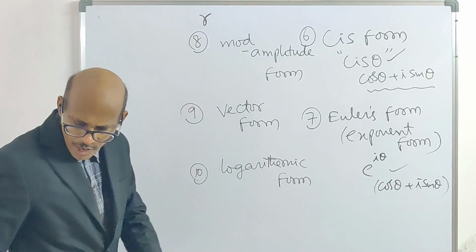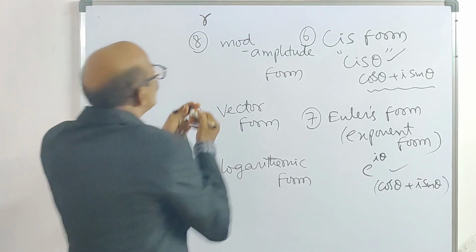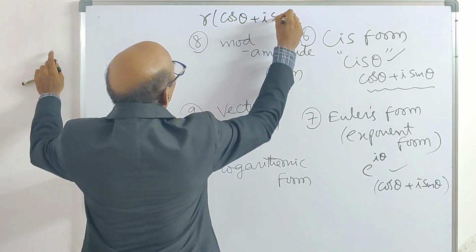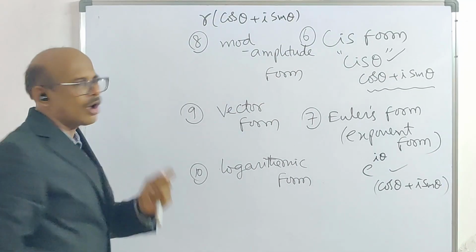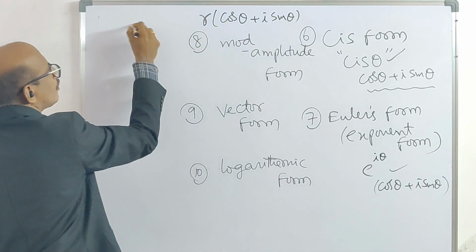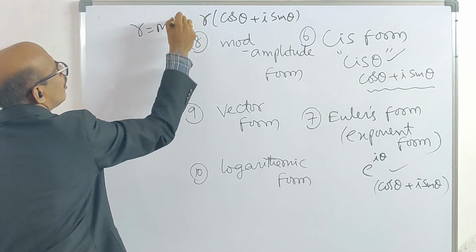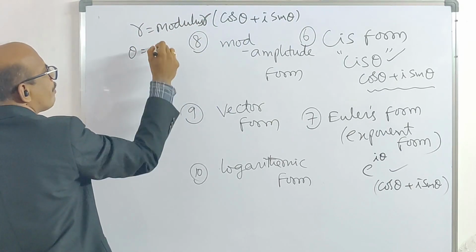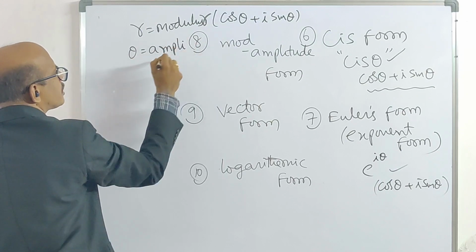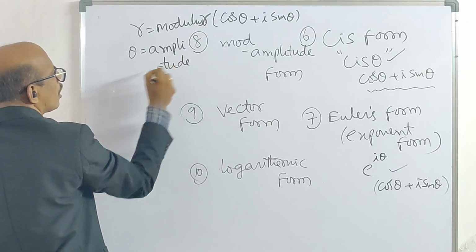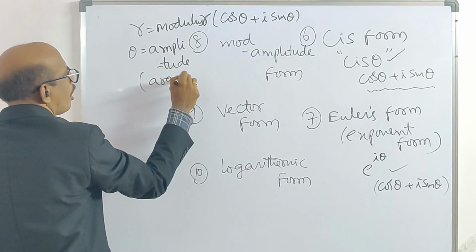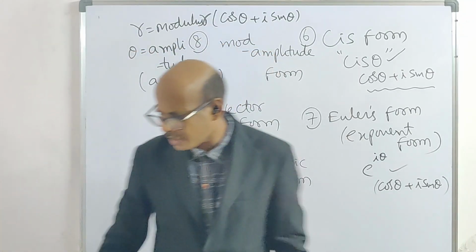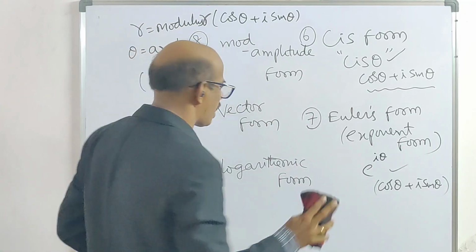Concentrate here, a very important form used throughout complex numbers. r multiplied by cos theta plus i sin theta, where r is called modulus and theta is called amplitude or argument. In argument there may be a principal argument, general argument or amplitude.